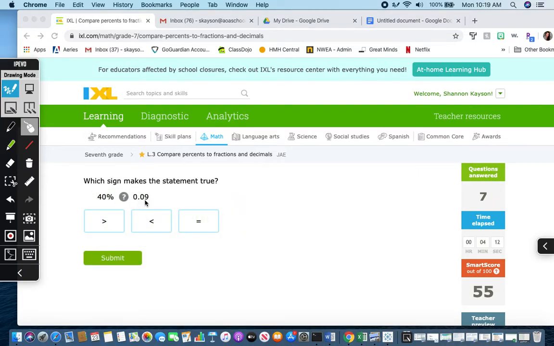Oh, let's do this one too. This one compares a decimal to a percentage. So I would do the decimal into a percent. I have 0.09. Remember, that's the same thing as 9/100ths.